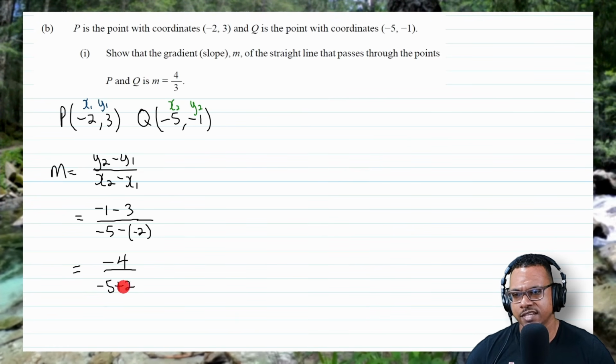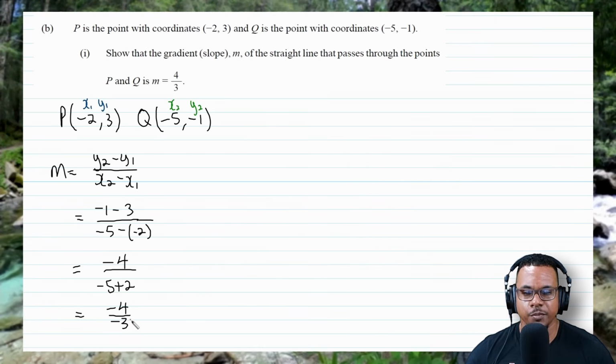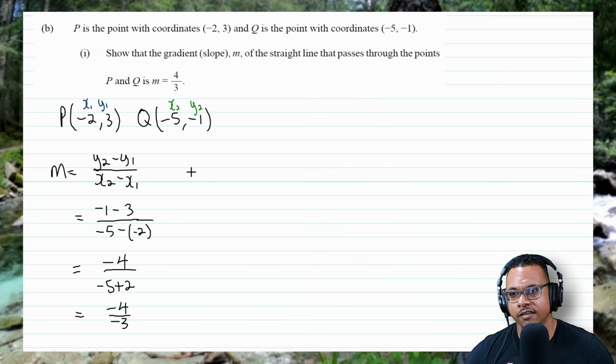All right, so now our two signs are different, so we're going to subtract 2 from 5 and get 3, but 5 is the bigger magnitude and the sign is negative, so that's negative 3. All right, so we have negative 4 over negative 3. And of course, if you're going to divide two negative numbers, you'll get a positive answer. So the answer is positive 4 over 3. All right, so we have M is equal to positive 4 over 3.